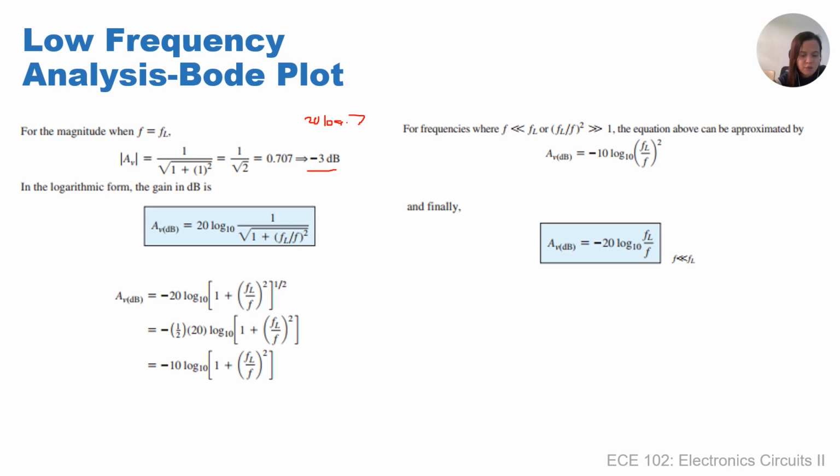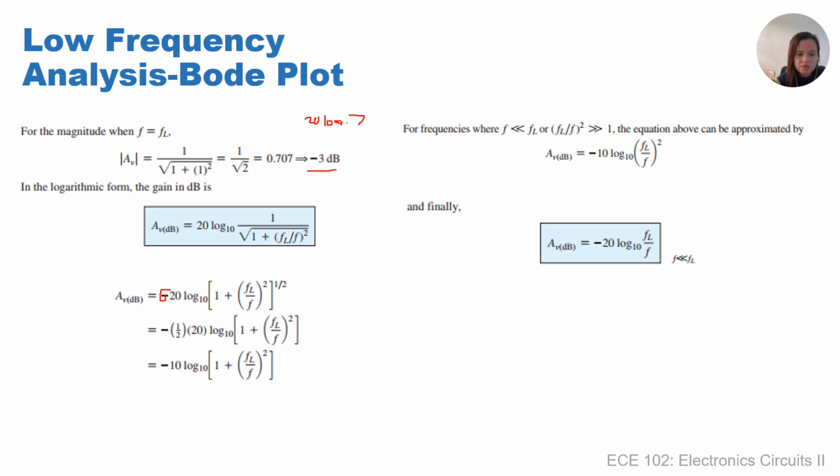In logarithmic form, we have 20 log base 10 times 1 over square root of 1 plus (FL over f) squared. Simplifying this, we raise the square root into the power of 1/2. Since this is from the denominator, we have the negative here.